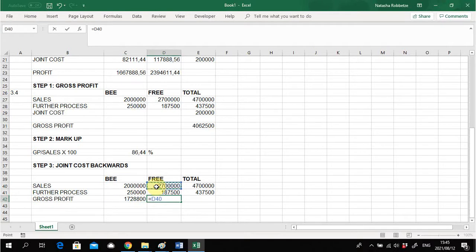Sales times 0.8644. So I've just used the decimal. Right. Then we can get to our joint cost, because the joint cost will be the sales minus the further processing cost minus the profit.